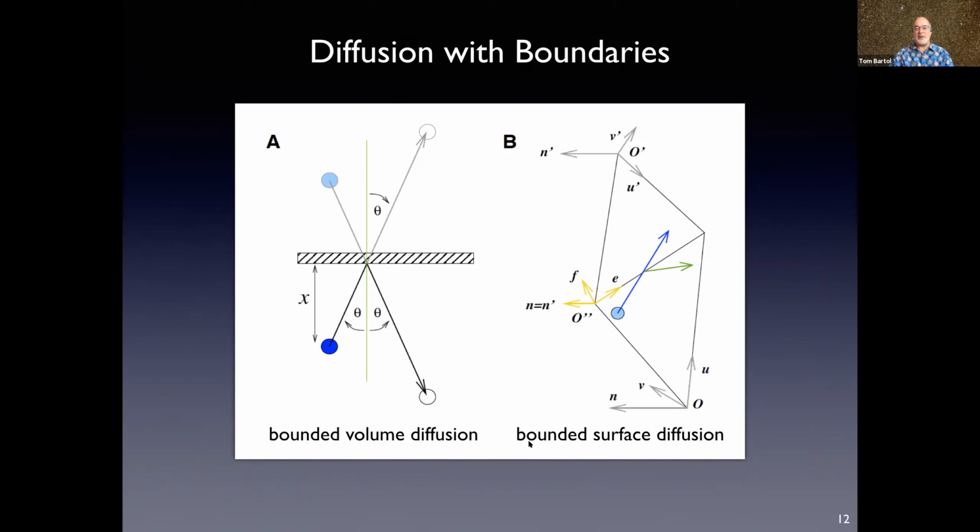And then we do something similar in 2D for molecules diffusing in the surface. Say these are two neighboring triangles in our surface, and we have an edge. So in 3D, a boundary is a triangle. And in 2D, a boundary is a line.